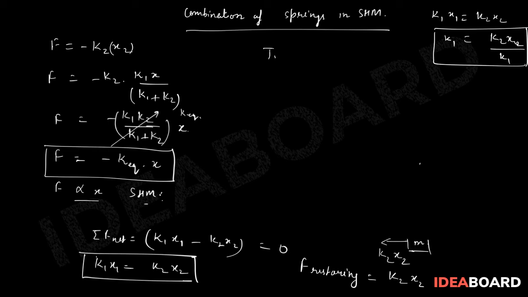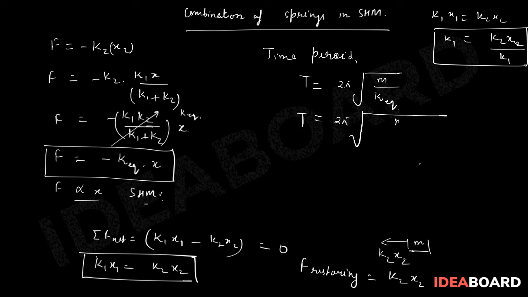So time period T is given as 2 pi under root of m by k. So instead of k, we can use this K equivalent. So T is equal to 2 pi under root of m by K equivalent, and if we compare this result, this K equivalent is K1 K2 upon K1 plus K2.